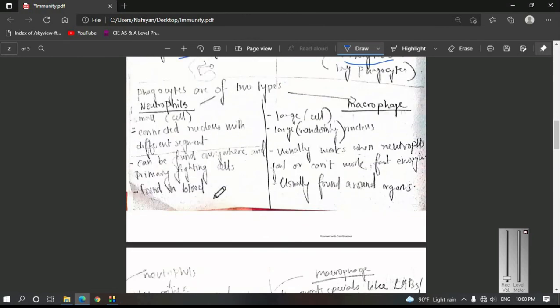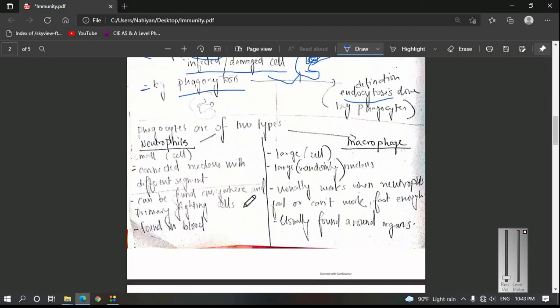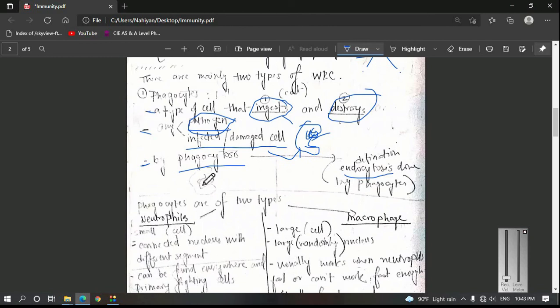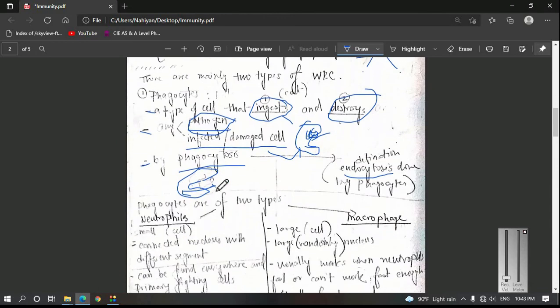So moving on, phagocytes are of two types. These white blood cells, which are cell eating, engulfing, are of two types.